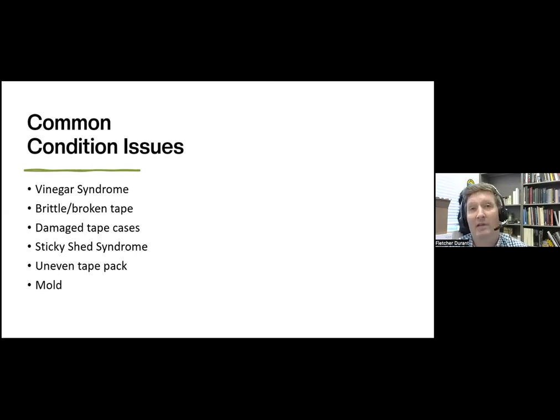That can be temporarily reversed by tape baking, which literally involves putting the tapes in an oven and baking them at a low temperature to dry them out. That can be done by most qualified vendors, and it's a fairly minimal cost on an item-per-item basis.